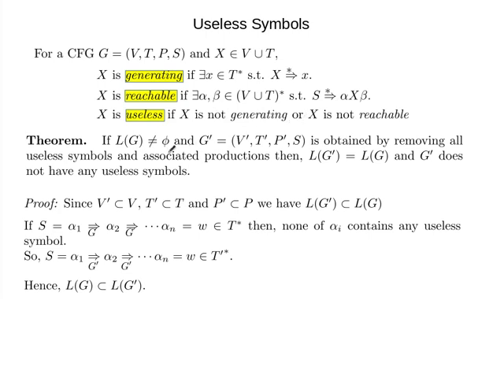And we have this theorem that if you have some grammar, you consider its language. Then you can have an equivalent grammar, say G prime, by removing all the useless symbols, and also the associated productions, the productions which have some useless symbol.